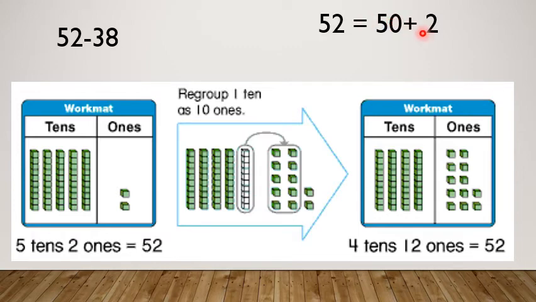Breaking it down into tens and ones, 5 tens, 2 ones. Then regrouping means that 50 plus 2 becomes 4 tens and 12 ones, or 40 plus 12.